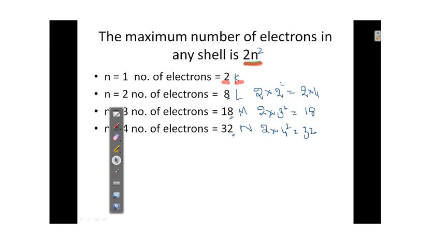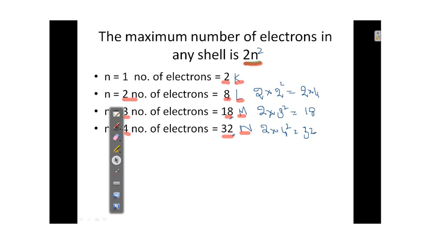And when n is equal to 2, it represents the L shell, which has 8 electrons. The working has been done here. When n is equal to 3, it has 18 electrons, which represents the M shell. And when n is equal to 4, it represents the N shell, which contains 32 electrons.